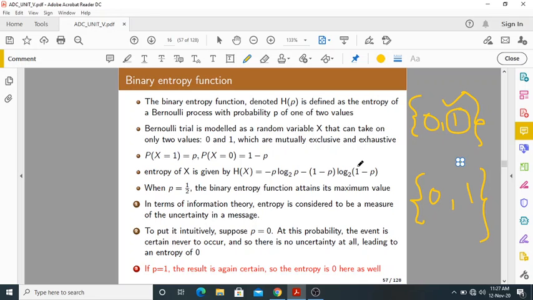Sorry, here I have taken the reverse. This is sure. So if p equal to 1, which symbol occurs for sure? P equal to 1 means this is 1, so symbol 1 occurs for sure.